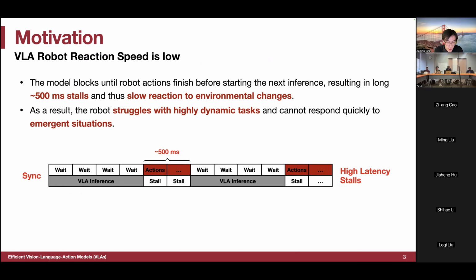In the figure below, the GPU remains idle and the model is not inferencing during the robot's execution, which is about 500 milliseconds long. So the VLA cannot respond to environmental changes, and the robot cannot handle highly dynamic tasks or respond quickly to emergent situations.